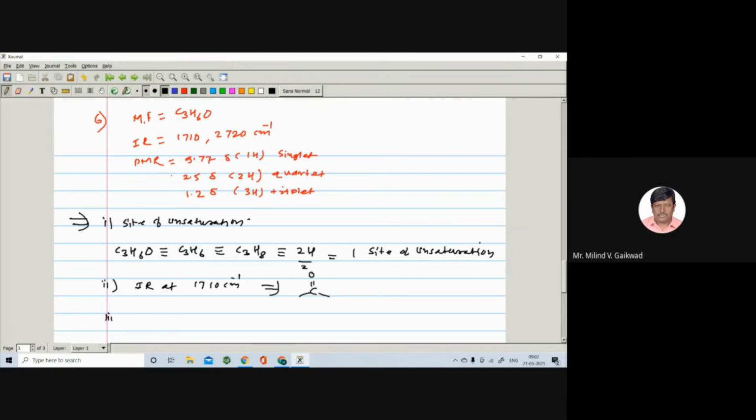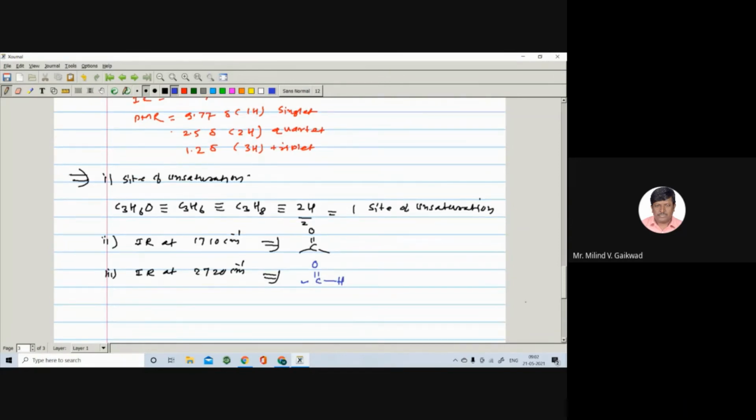Number 3, IR at 2720 cm⁻¹ indicates presence of an aldehyde group, C=O and C-H, right? So these two pieces of information you can get, and it also satisfies the one site of unsaturation, right?